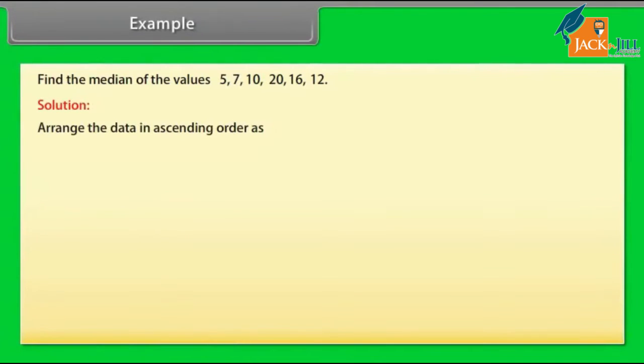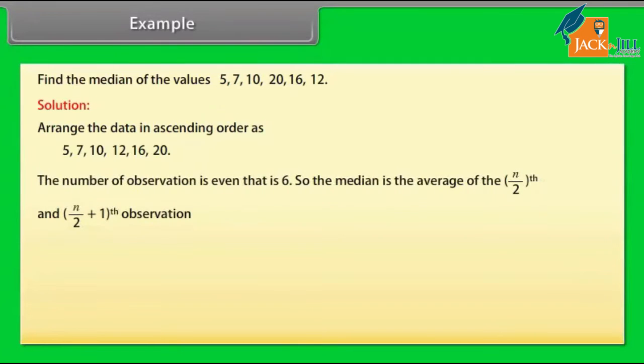Example: find the median of the values 5, 7, 10, 20, 16, 12. Solution. Arrange the data in ascending order as 5, 7, 10, 12, 16, 20. The number of observations is even, that is 6. So, the median is the average of the (n by 2)th and (n by 2 plus 1)th observation.